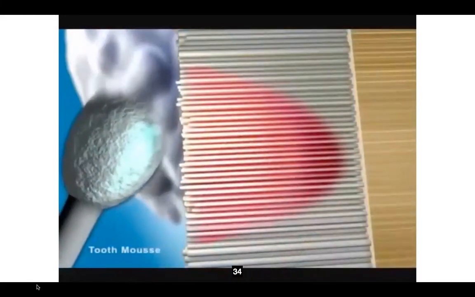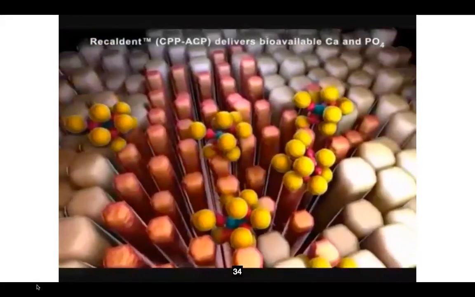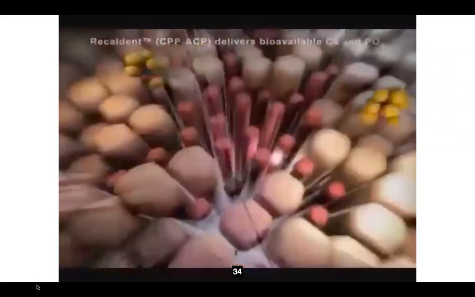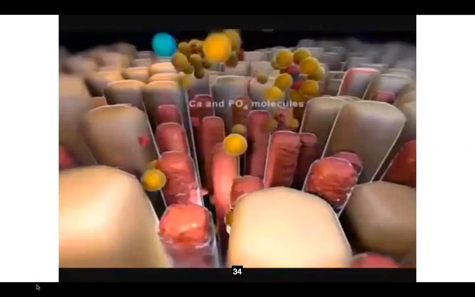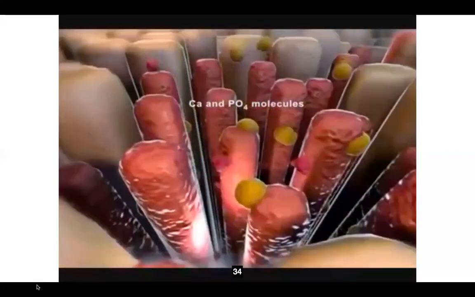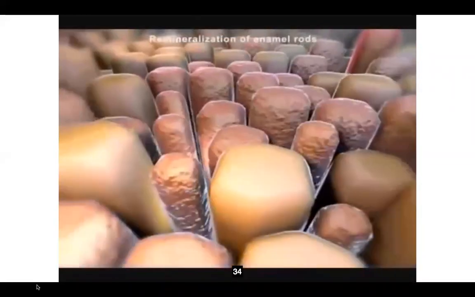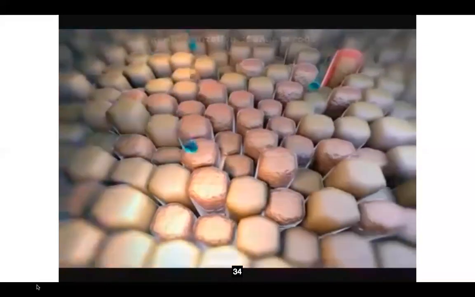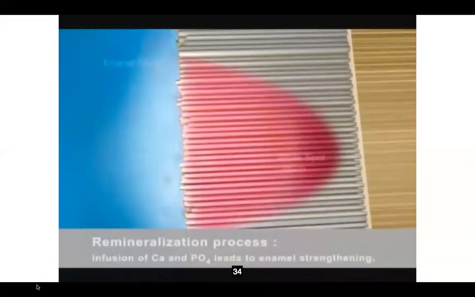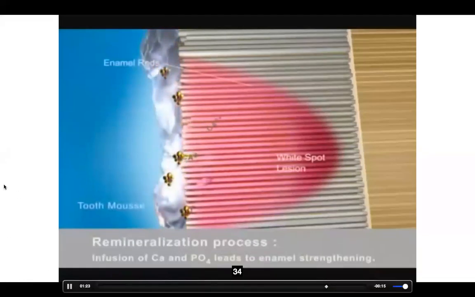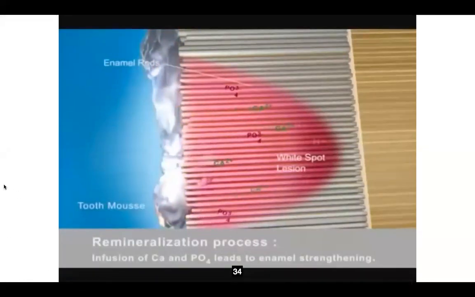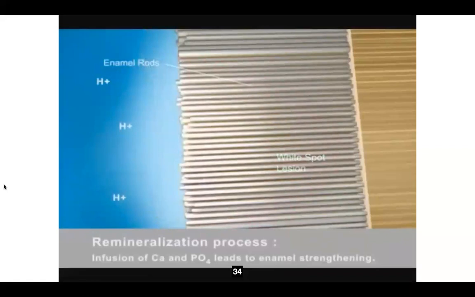When tooth mousse is applied to the tooth surface, the CPP-ACP, a complex of casein phosphopeptide and amorphous calcium phosphate, delivers bioavailable calcium and phosphate to the enamel instantaneously. The calcium and phosphate are infused into the enamel, and the result is the strengthening and widening of the enamel rods, a process called remineralization. Remineralization is a result of a net gain in calcium and phosphate. For optimal oral health, apply tooth mousse for 3 to 5 minutes twice a day.